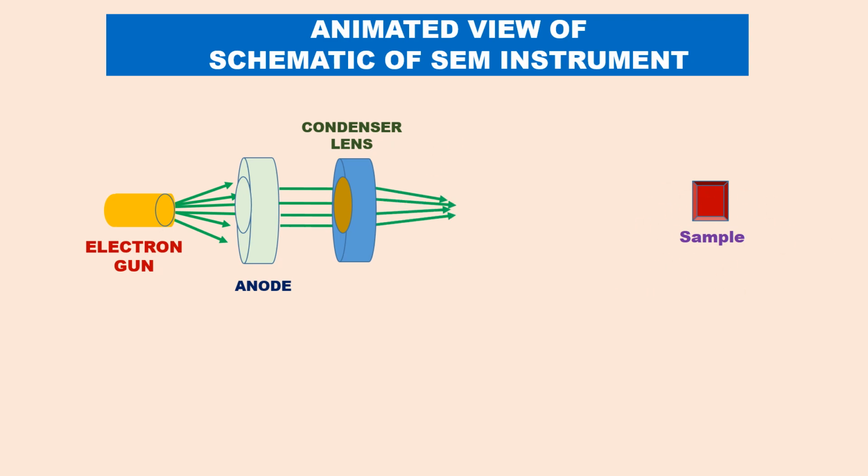Then the electron beam falls on the scanning coil, where the beams are slightly deflected to fall here, here and here, so that signals are obtained from the entire surface of the sample. We'll see this further in the next slide.